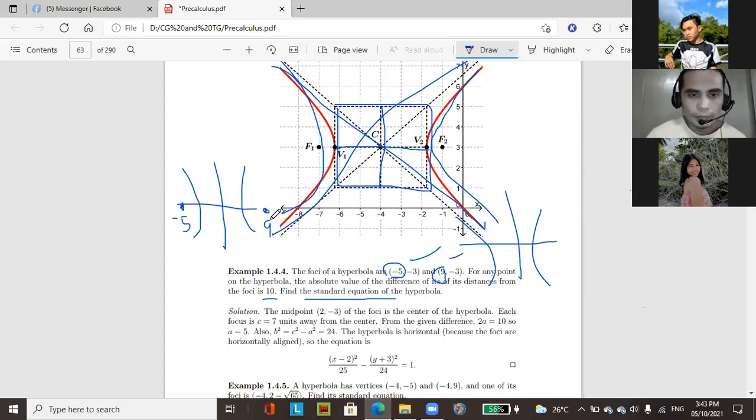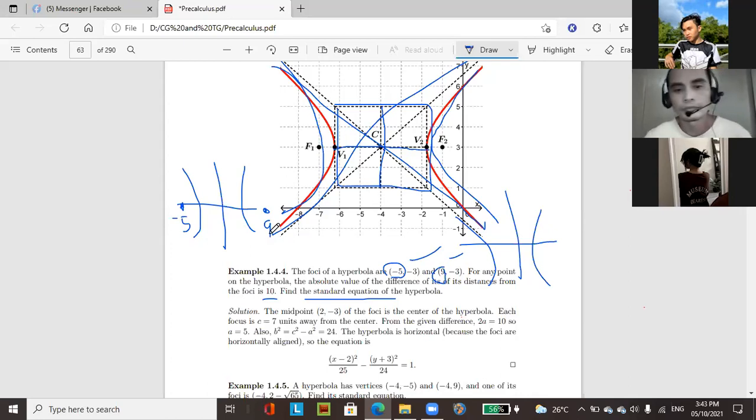So pila man na siya, pila may distance ana niya? That is equal to 2. Gikan sa -5 to 9. -5, that is -4. 9 plus 9 plus 4, you have 14. 4, sir?